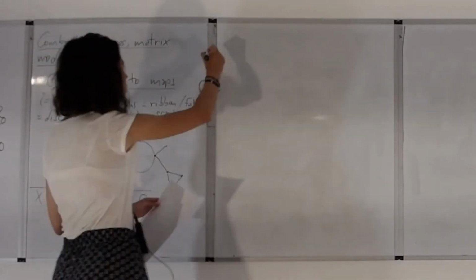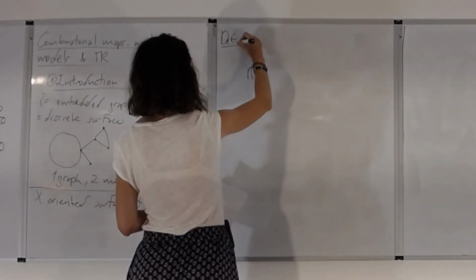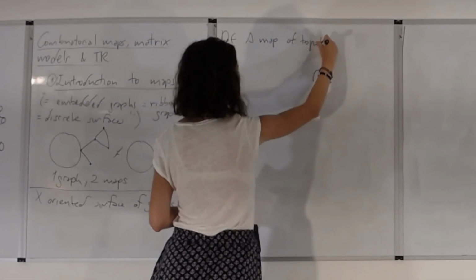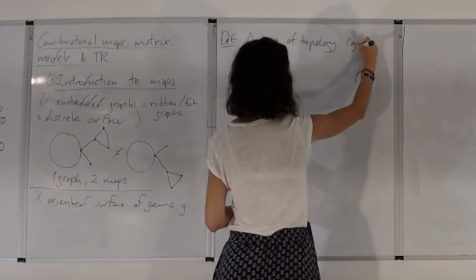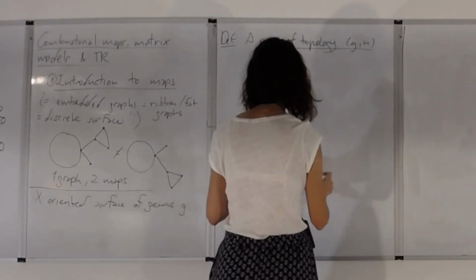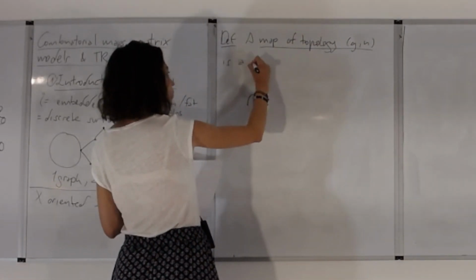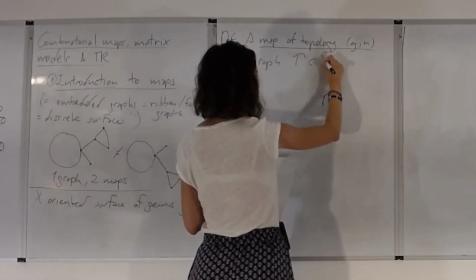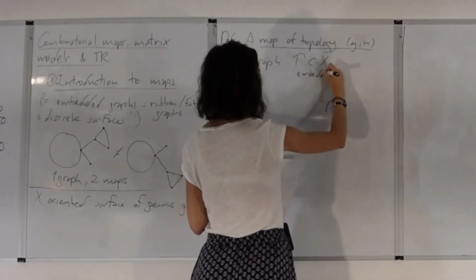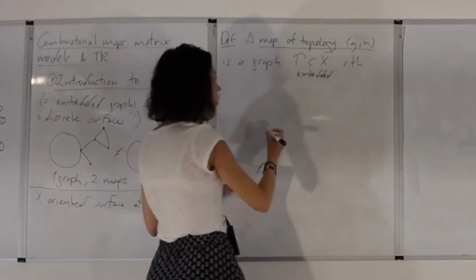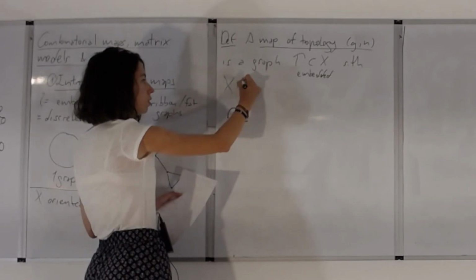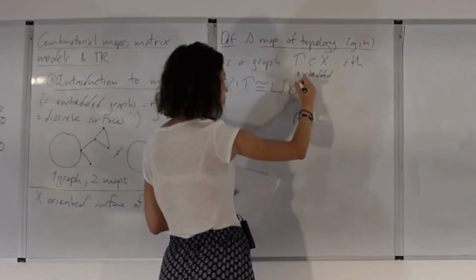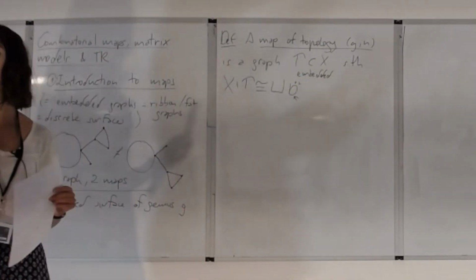We call a map of topology (g, n) a graph that we denote gamma embedded on the surface in such a way that the complement of the graph is homeomorphic to a disjoint union of open disks. And these open disks we call faces.